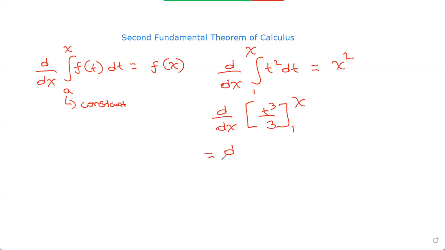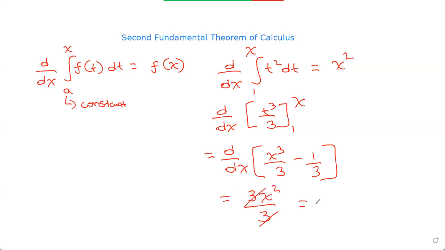This would be d by dx of x cubed by 3 minus 1 over 3. And we know that the derivative of a constant is 0, and the derivative of x cubed by 3 is 3x squared over 3, which is x squared. Thus, we have proved this theorem.